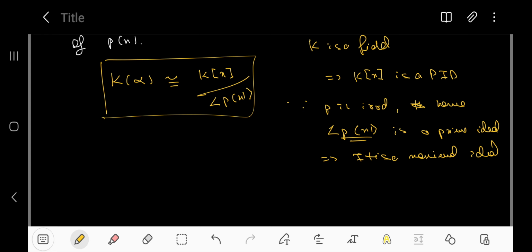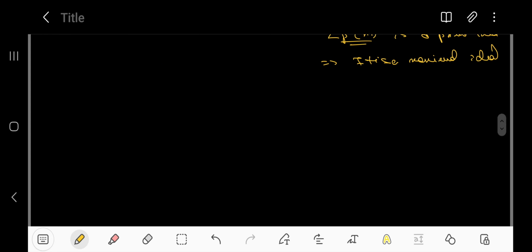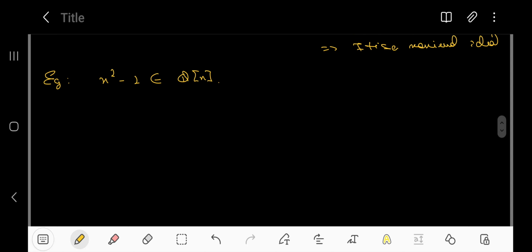For example, suppose we take the polynomial x square minus 2, which is in Q[x]. Then x square minus 2 is irreducible over Q, right? Because root 2 is a root of this polynomial, and root 2 is not rational.